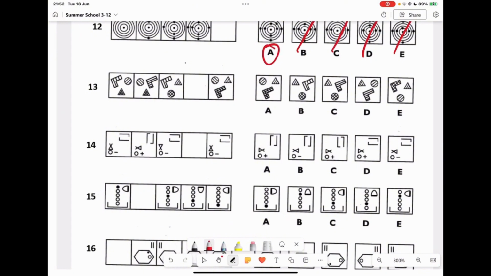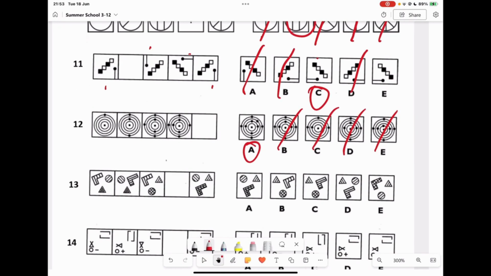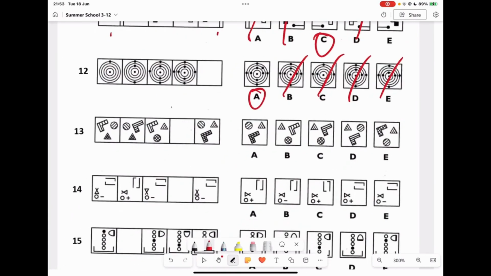Okay, question 13. So here we can see that the L shape is changing pattern. So it's moving from vertical to horizontal. It's moving from this orientation to this, and we can expect it to be like this one in our shape.